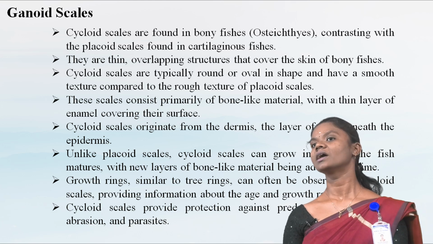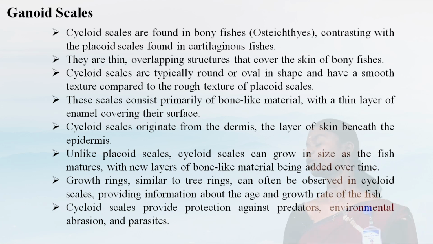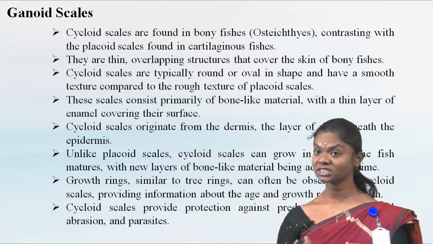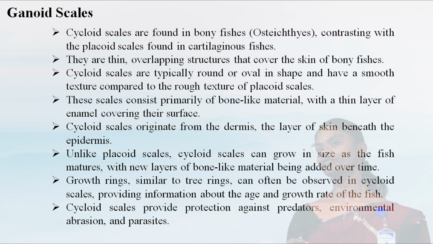Unlike placoid scales, cycloid scales can grow in size as the fish matures, with new layers of bone-like materials being added over time. Growth rings, similar to tree rings, can often be observed in cycloid scales, providing information about the age and growth rate of the fish.